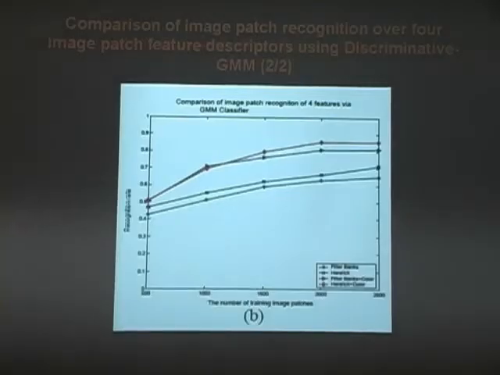Then in our case, I adapt the method we developed in NIPS 2004, which is an unsupervised learning case, to this supervised learning case. It's very simple. You just use linear discriminant analysis to project these image patches according to the material classes. It's 20 classes. You project them into a lower dimensional space, then you fit a Gaussian mixture model within each material class.